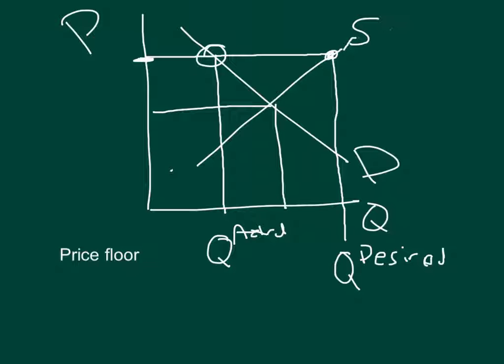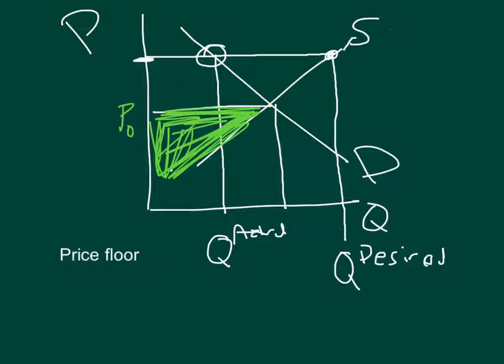So the original is here. This is the original supplier surplus because that was the original price where supply and demand equaled, and this was the market clearing price, P original. And this area above the supply curve and below the price, that is the original supplier surplus.